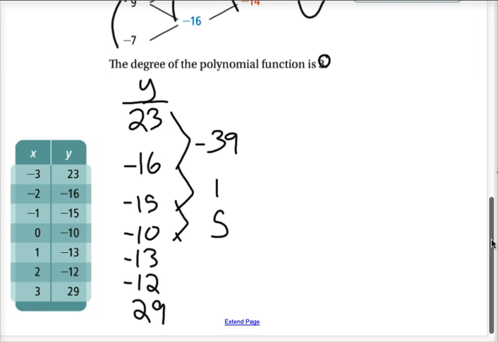Now negative 10 back down to negative 13 is a difference of minus 3. Negative 13 up to negative 12 is a positive 1. And then negative 12 up to 29 is a difference of positive 41. So that's our first difference.